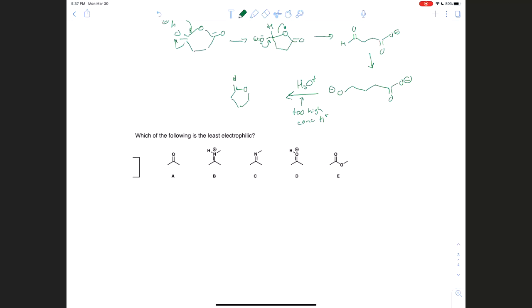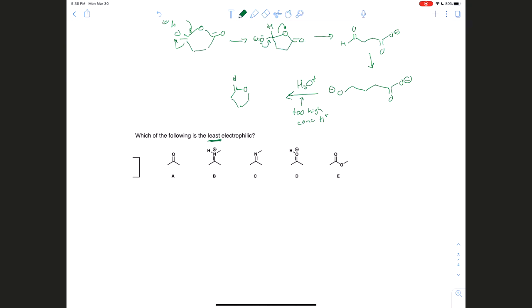Okay, I chose A, but it won't be E because of, we're looking for the one that is the least electrophilic, but it won't be E because of resonance stabilization in the O anion of the ester.